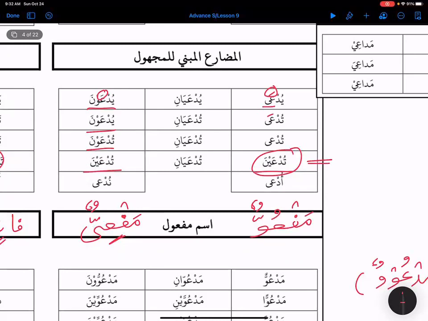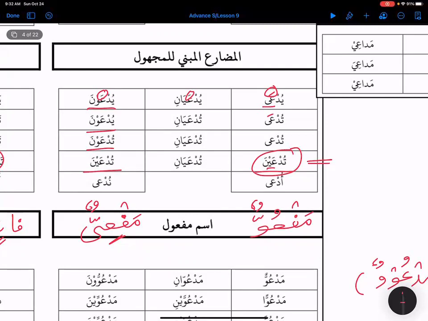It's not taking kasra because the ya is having a fatha. Because we see that all the middle root letters have fatha, fatha, fatha, right? So that's why they just kept the fatha over there and then we need the ya of anti and noon. So they didn't make any changes over here. Tuda'na.